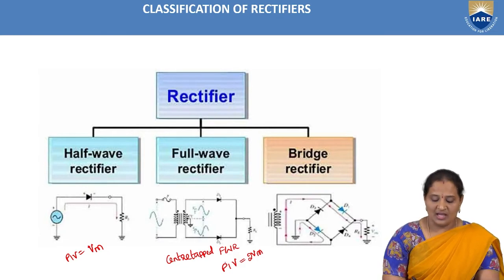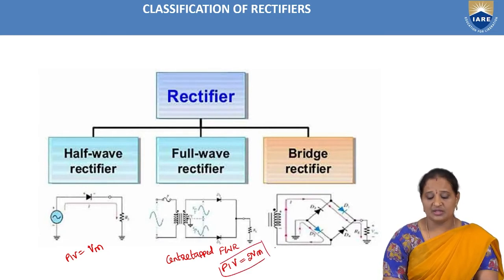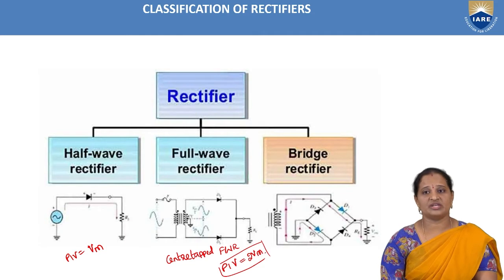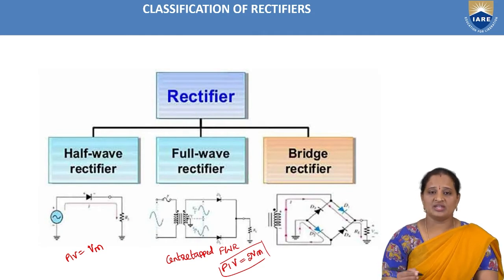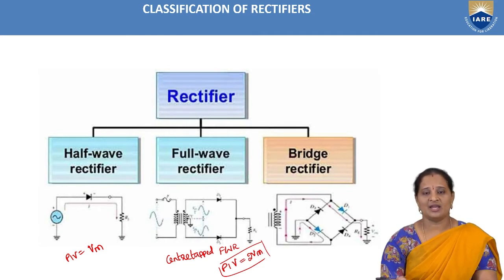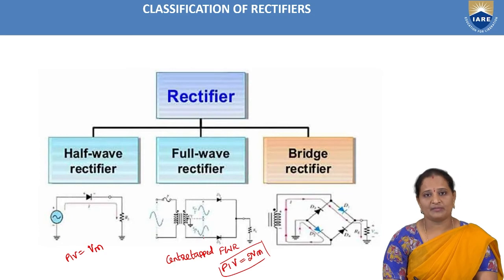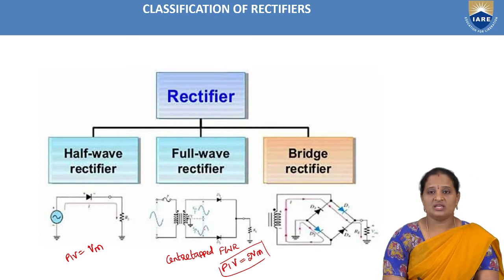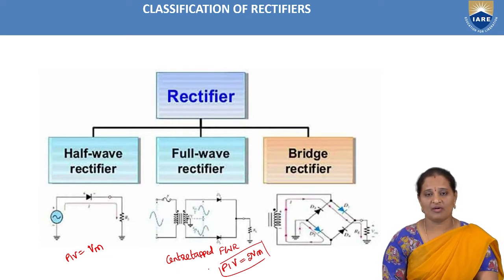The major drawback is that the peak inverse voltage is doubled, which increases the size of the diode, and hence the cost of the rectifier will also increase as we are using center tapping. So we will try to overcome the drawbacks of the center tap full-wave rectifier in the bridge rectifier.